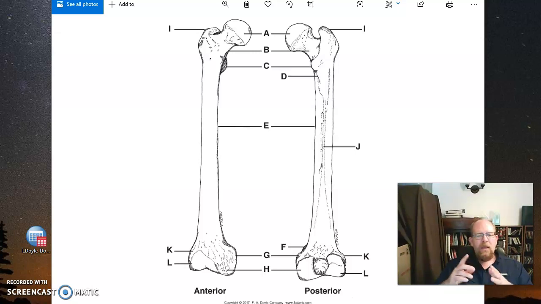So it's a great combination of stable and mobile. It has less mobility than the shoulder, but greater mobility than other joints. But it has a lot greater stability compared to the shoulder.